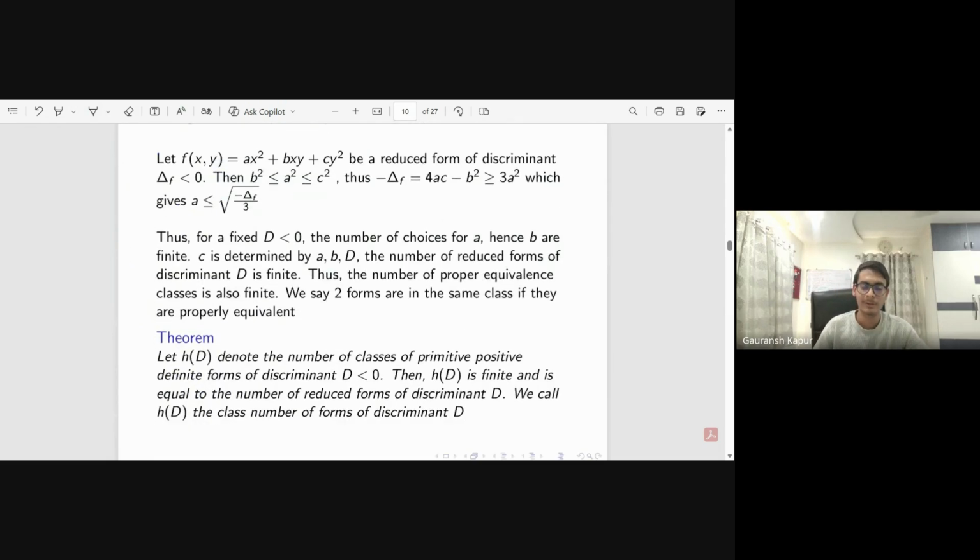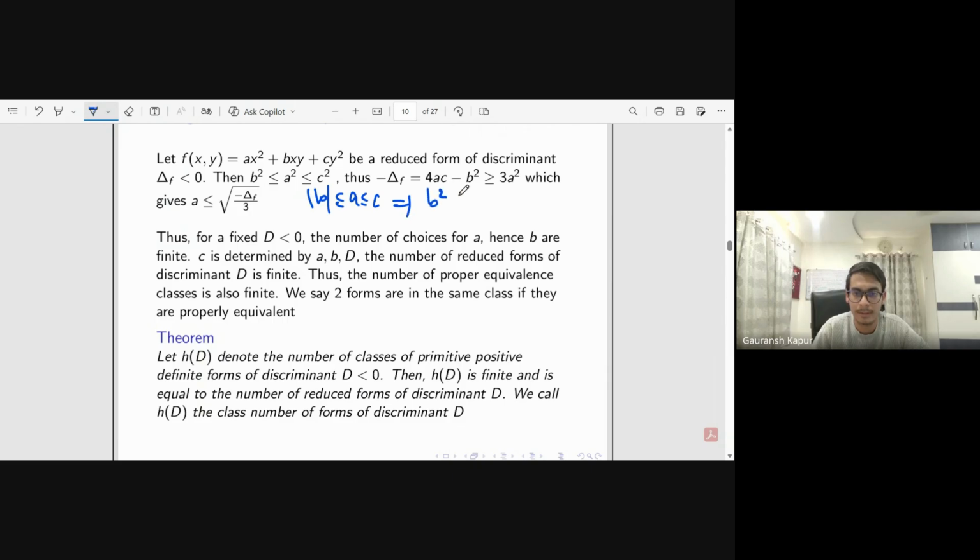So to define the class group, we'll note one thing first. If f(x,y) = ax² + bxy + cy² is a reduced form of discriminant less than 0, then |b| ≤ a ≤ c. Upon squaring, we get b² ≤ a² ≤ c².